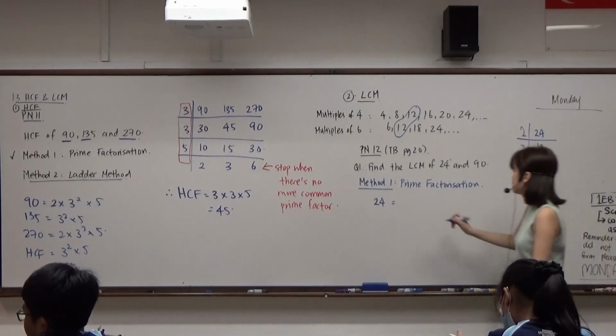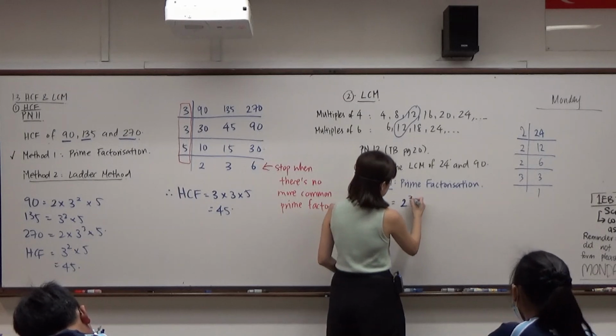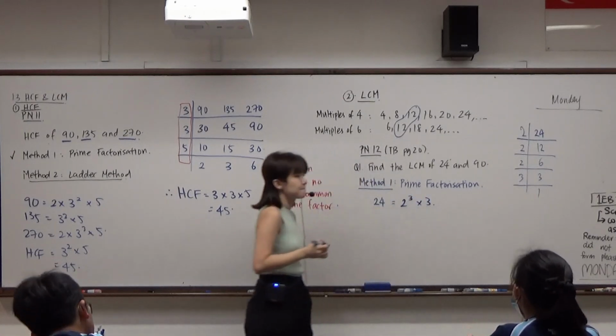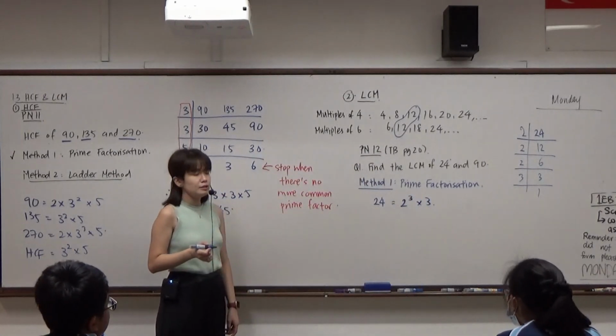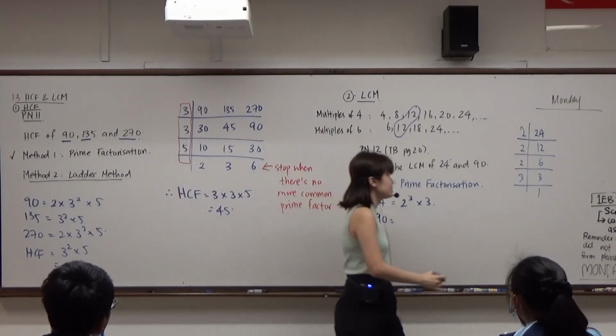So we will have 2 to the power of 3 times 3. Okay, that's for 24. And then we do the same for the number 90.